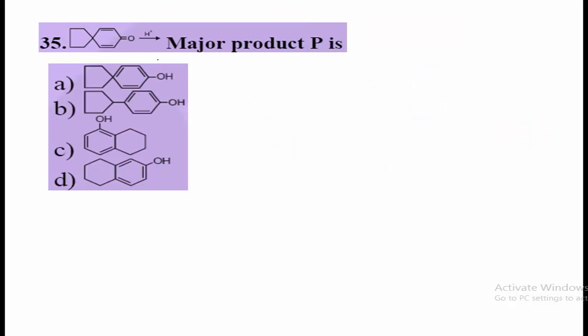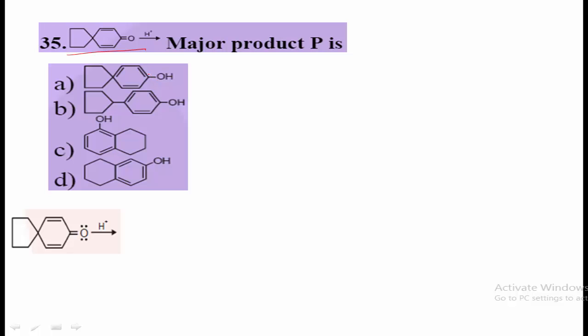Okay. 35th. The major product P is for this reaction. How can you write this reaction? Initially it is an acid catalyzed reaction.